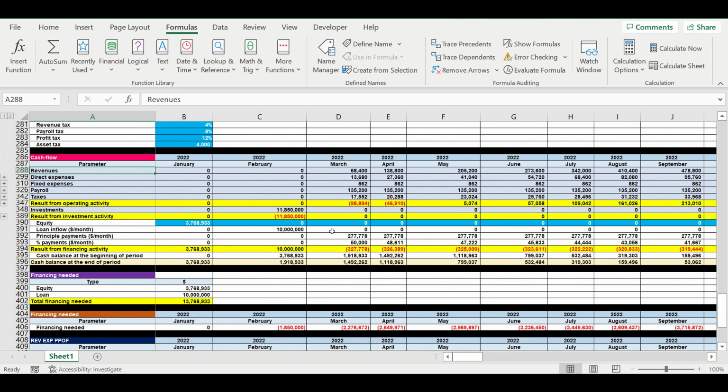Here you are able to see the profit from operating activity, how the business sustains itself without the loan burden that is described here.